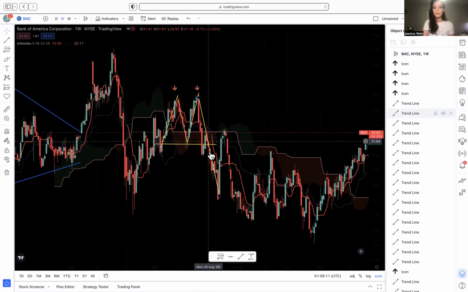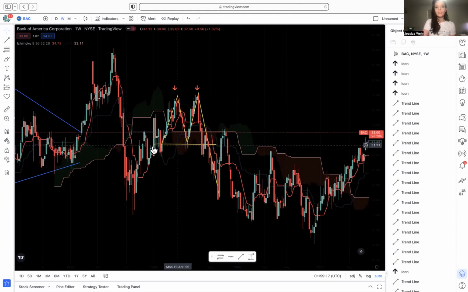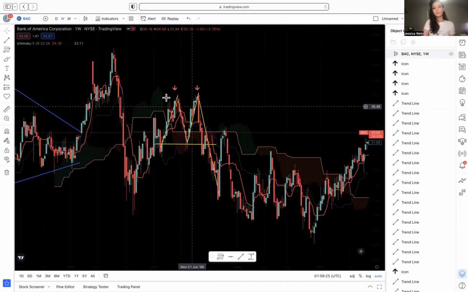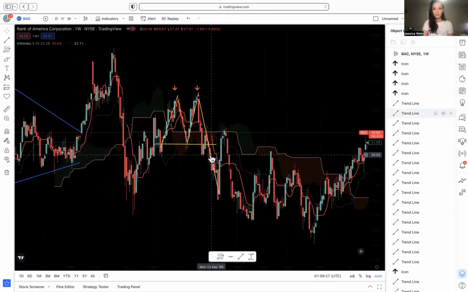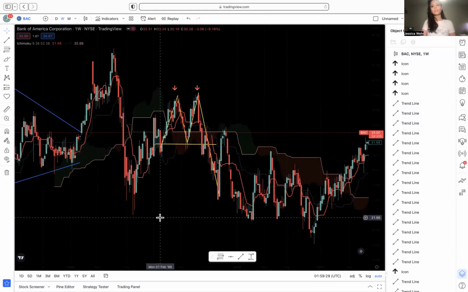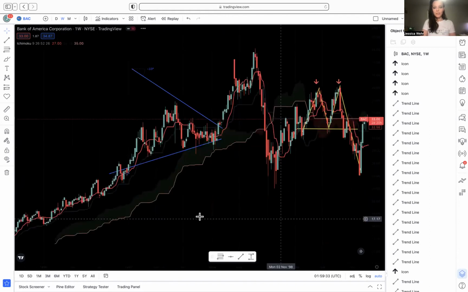And once it drops past this level of support, then it's going to be confirmed. So as we see here, this neckline, the stock drops past the neckline, confirming the double top reversal signal. So that is another pattern that we can use.